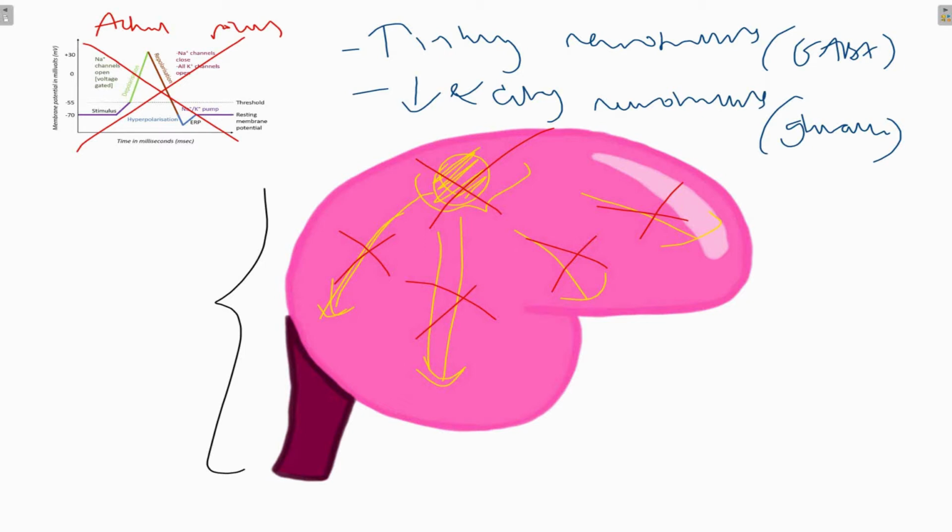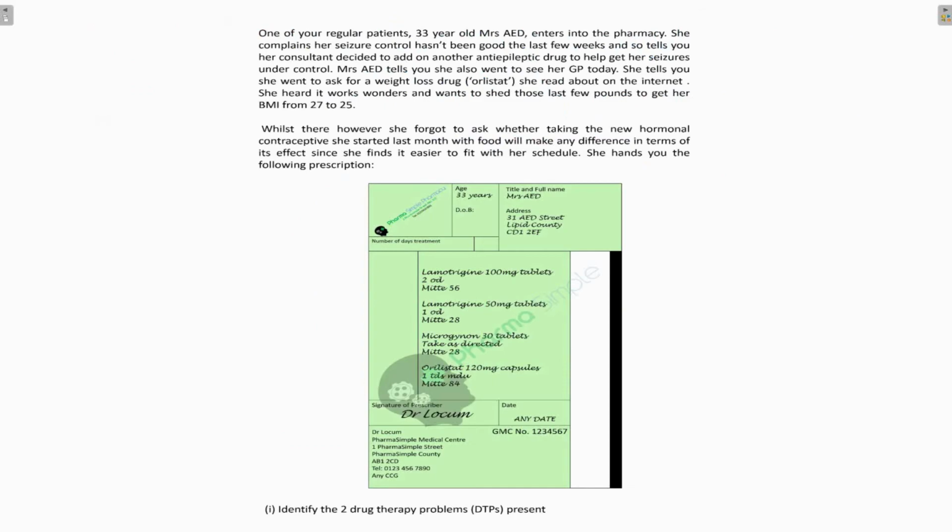So if we come back to our prescription, the first drug therapy problem is actually to do with what's called a pharmacokinetic interaction. Now, lamotrigine, which is our AED, is actually principally metabolized in the liver. Its metabolic process, about 80 to 90% of it, is via a process called glucuronidation.